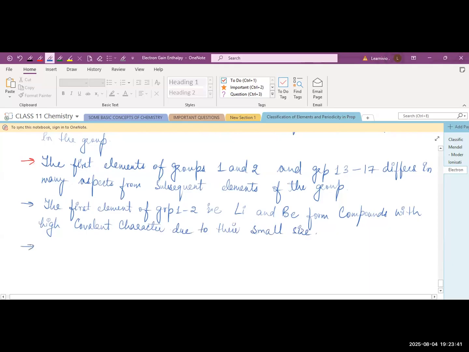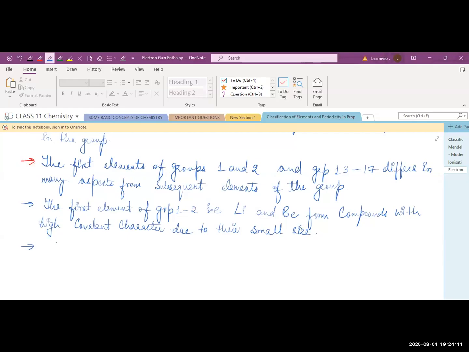And second, you can see the second period elements only have 4 valence orbitals, right? That is your 2s and 2p. So basically, second period elements have only 4 valence orbitals: 3 orbitals for the 2p section, and 1 orbital for the 2s, right?